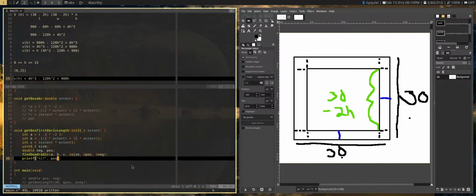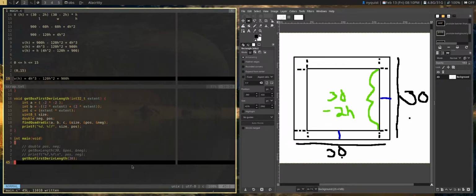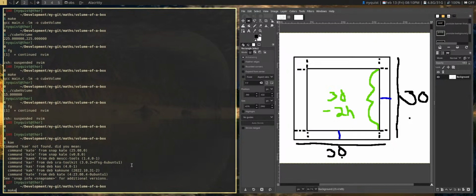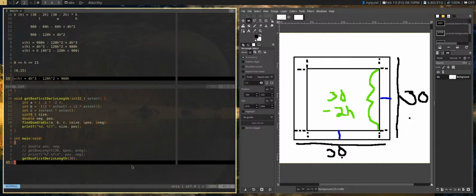See if it gets the size for us. Yeah, it does.